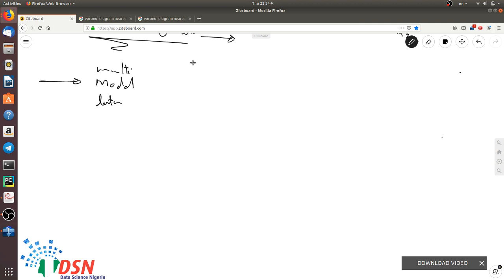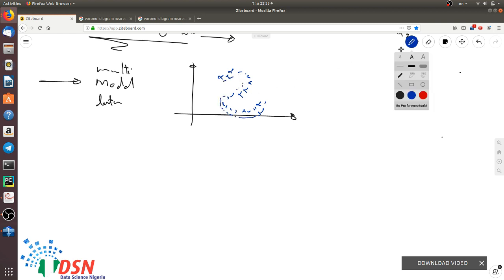So if you have two classes of data like this, let's say this is the first class, so these are the data points of the first class, and the second class data points are in here, here.